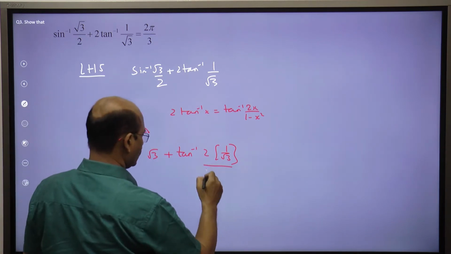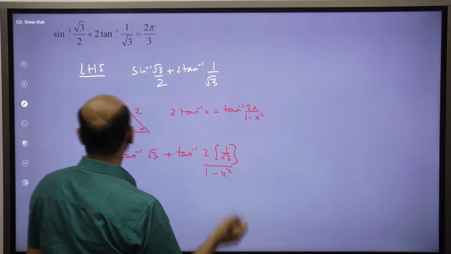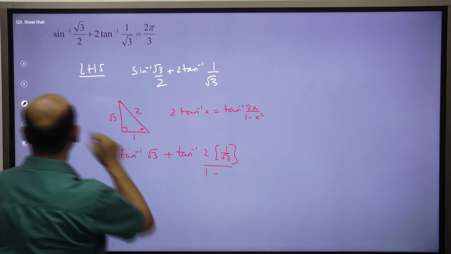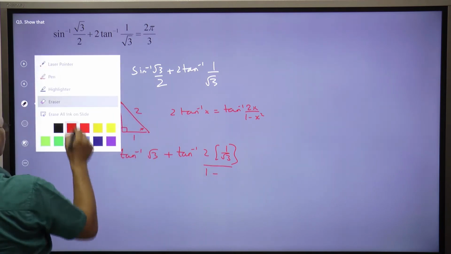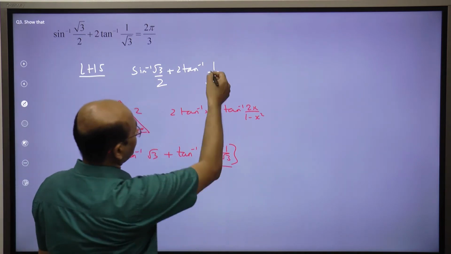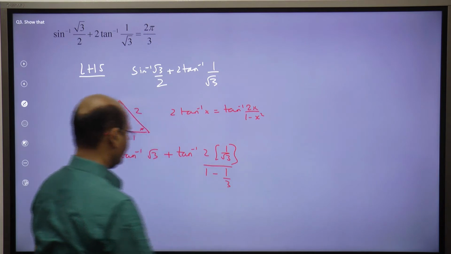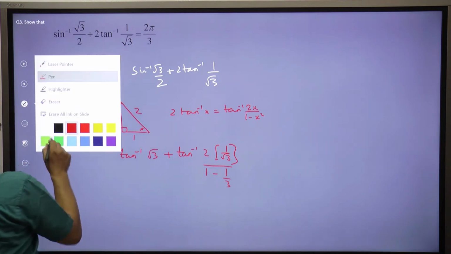Now x is 1 upon root 3, so x square is 1 upon 3. So now I begin my working there.